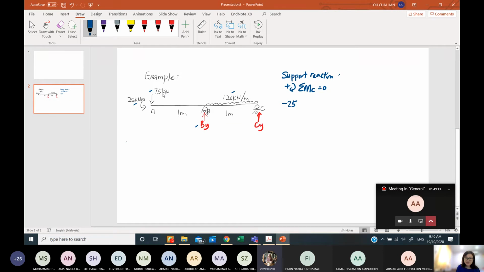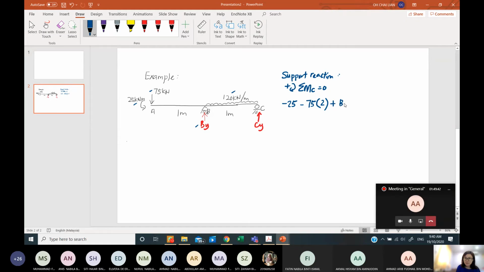Negative. Yes, it is also acting counterclockwise. The force is 75 and the distance will be 2 meters. And then how about BY? Positive or negative? Positive. Okay, positive BY. And the distance from BY to C is 1 meter.